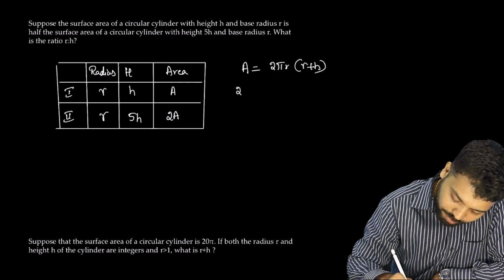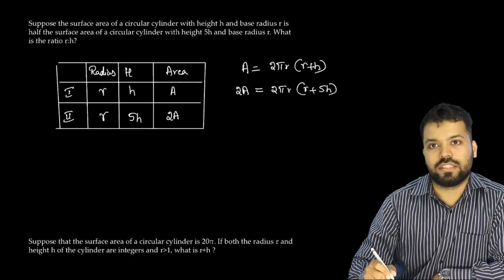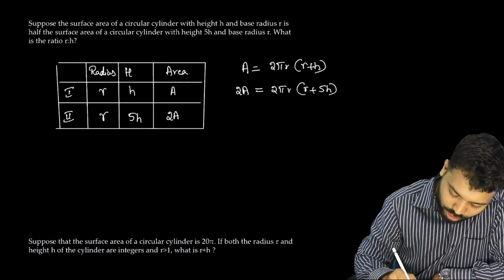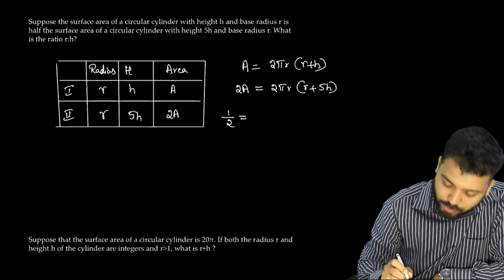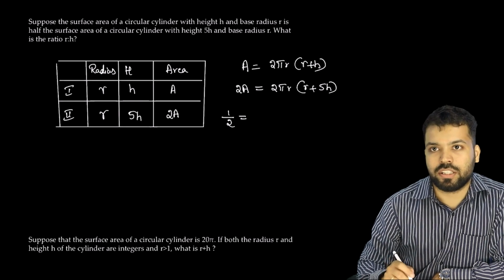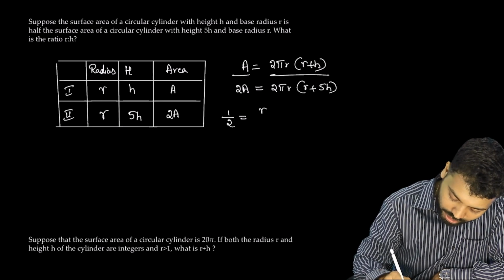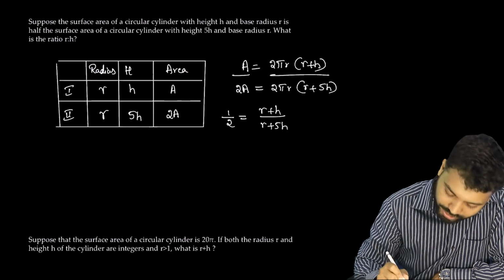And in the second case, my area has become 2a. My radius is the same. All that has increased is height, which has become 5h. Now we'll divide the first equation by the second equation. What do we get? We get a by 2a, which is 1 by 2. 2 pi r and 2 pi r get cancelled when I divide these two. So I get r plus h over r plus 5h.